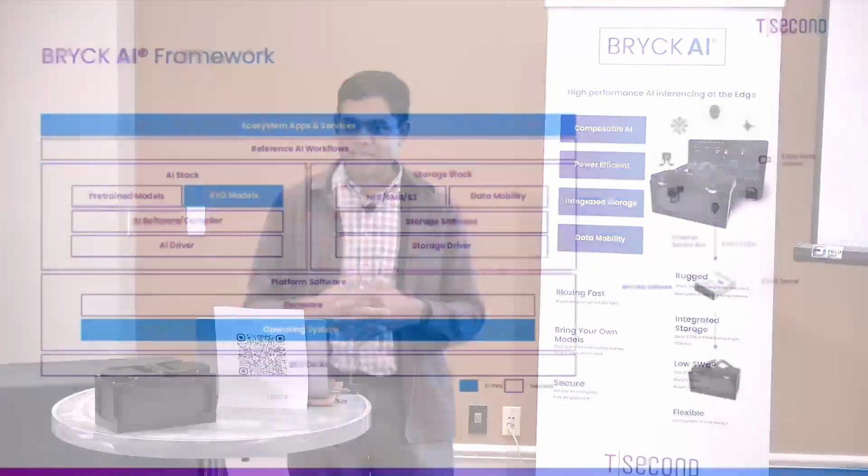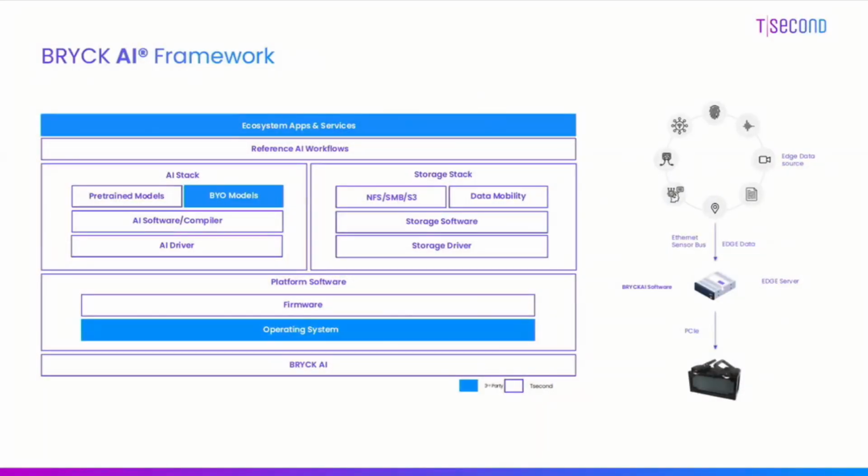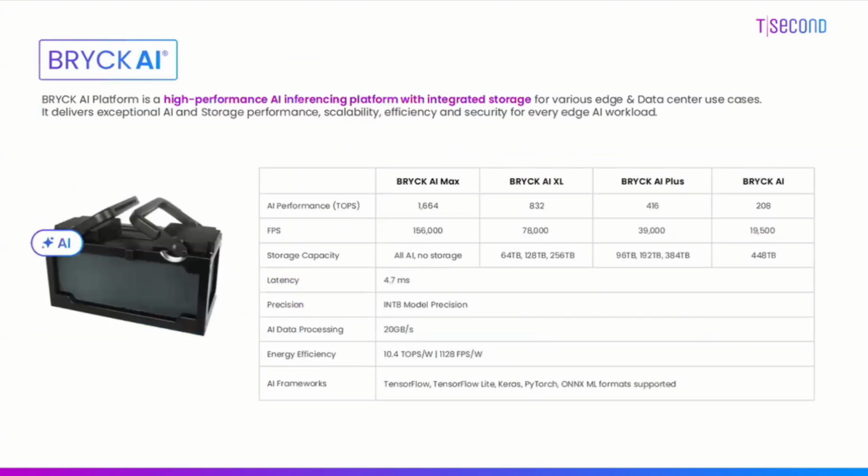As I said, the software stack is another big value here. Customers can deploy their own models and compile the models. A data scientist can write AI programs with the SDKs and APIs included in the BRYCK AI platform. Both the storage and the computing capability are configurable.